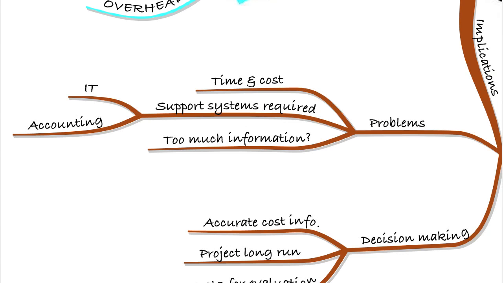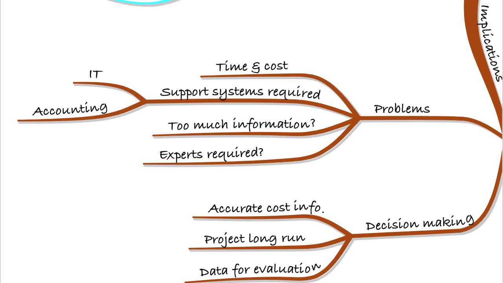I have heard of a lot of businesses who put in an activity-based costing system and then subsequently take it out again because no one understands the information coming out of it and there's too much information produced. Tied in with that, you may need an expert to actually understand the information that's coming out of the system. Again, that will cost money.